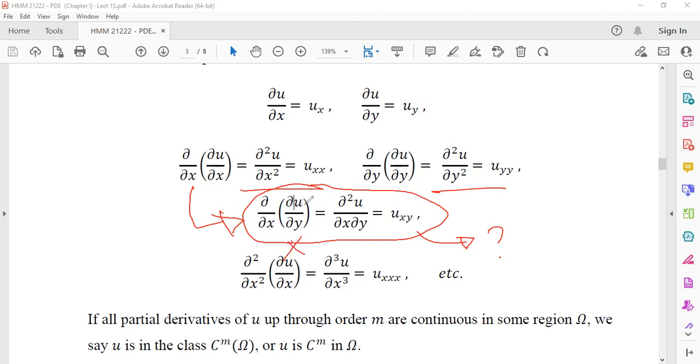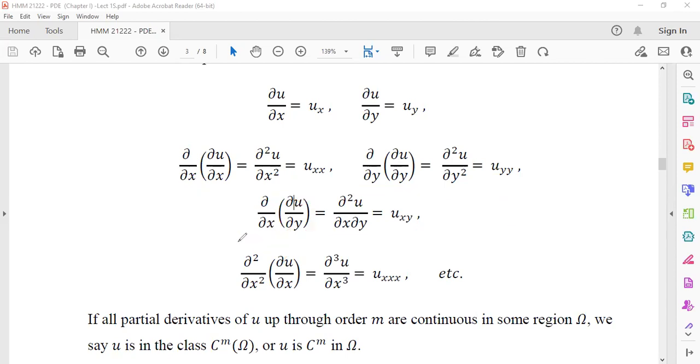Can you check the idea? First, what's happening? Partial u over partial y, no? So this is the first one. Yes, good. Okay, if you understand, that's fine. You have to know, we know the order of operations from school level math, no?